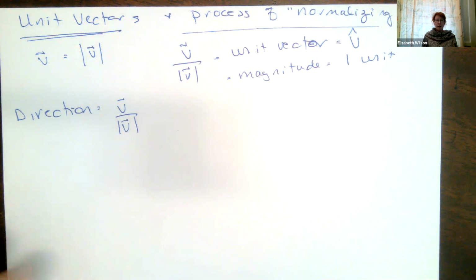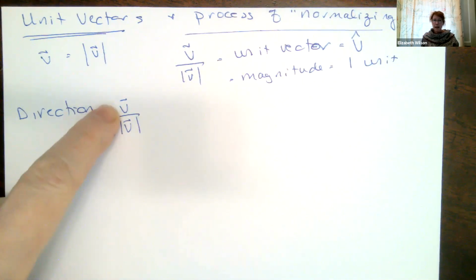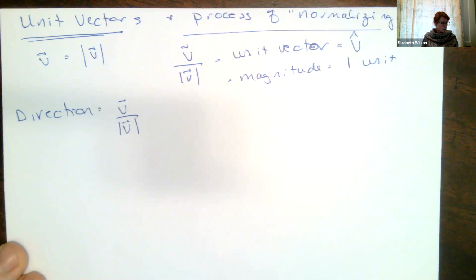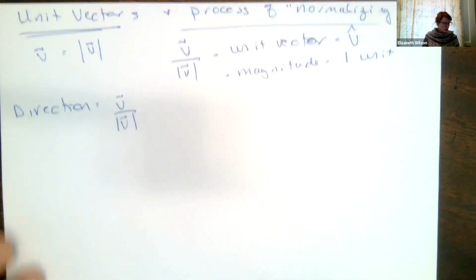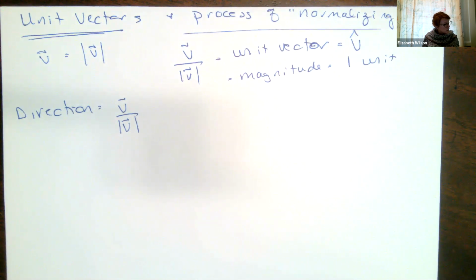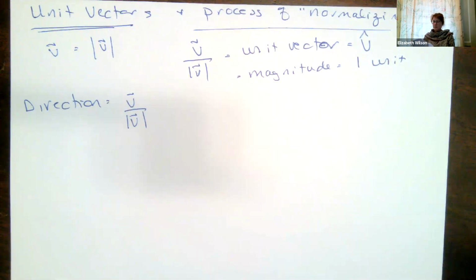So vectors have magnitude, they have direction. We usually think of direction as the direction that it's pointing, but it's also true that the vector divided by its magnitude gives us the mathematical quantity for its direction. Okay. All right. Let's do an example really quick before we move on to parallel vectors.